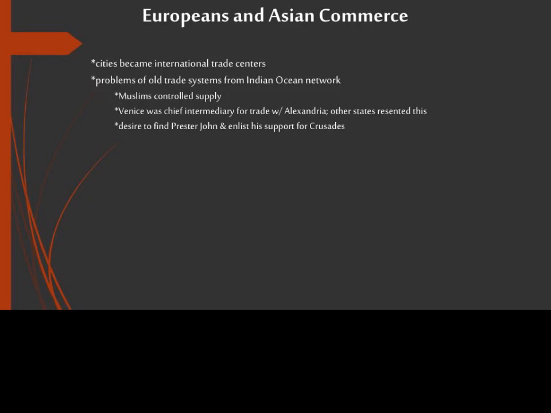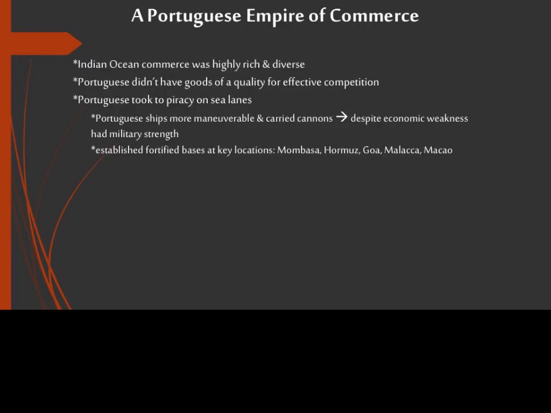The Europeans also desired to find Prester John and enlist his support in the Crusades. The last of the Crusades were in the early modern period, and there was also a constant trade deficit with Asia.